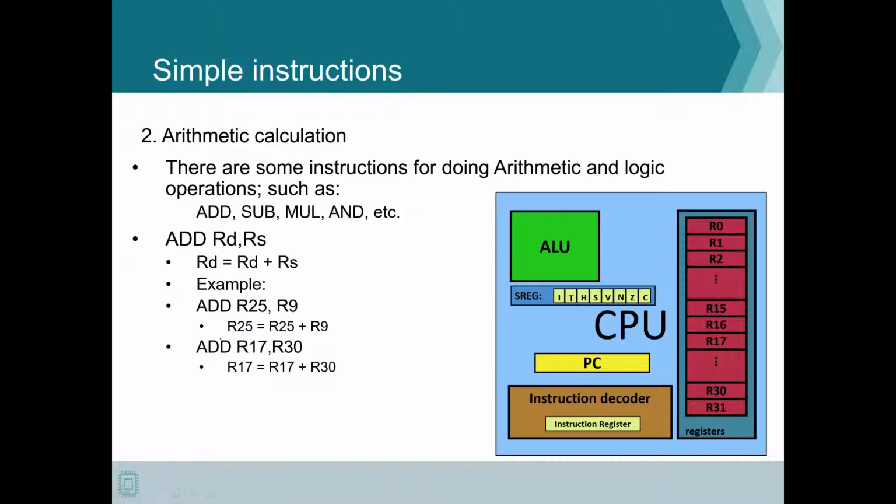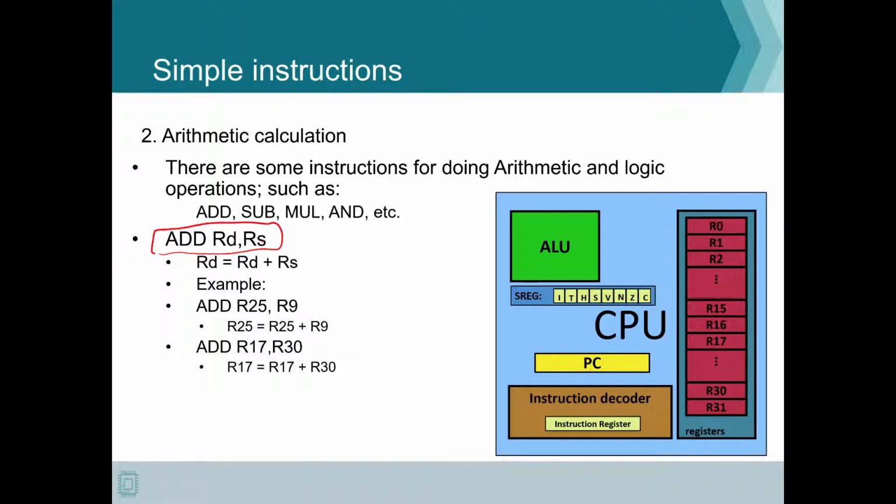So the next type of instruction we're going to see is called the arithmetic and logic instructions. So we have instructions to perform add, subtract, multiply, and then also a bunch of logic operations like AND, OR, XOR, and so on. So here again you can see here is our template for our add.